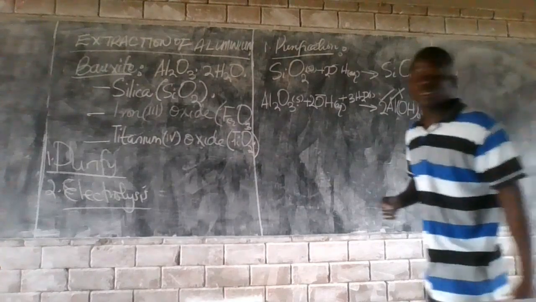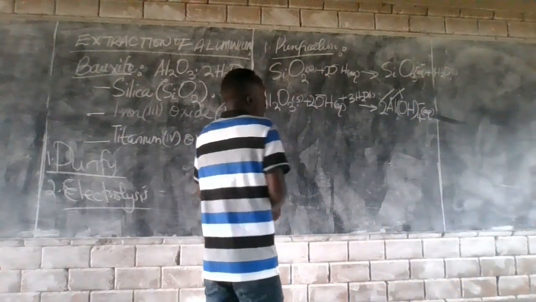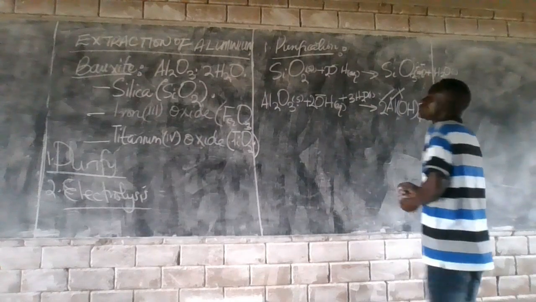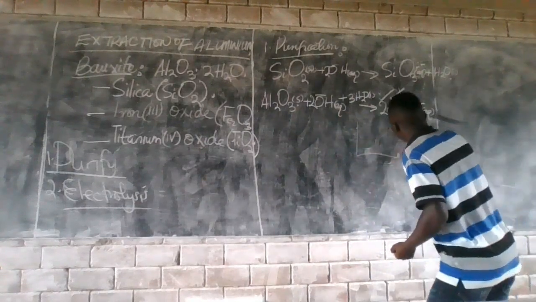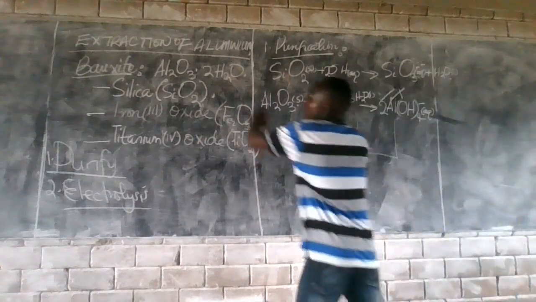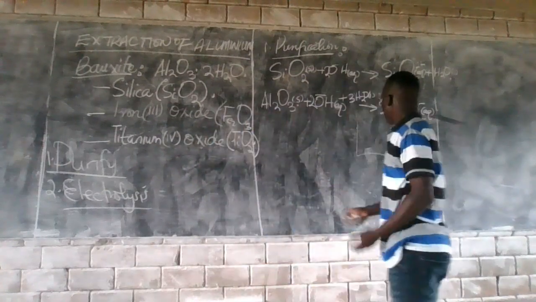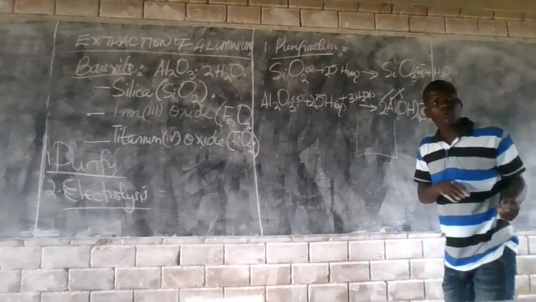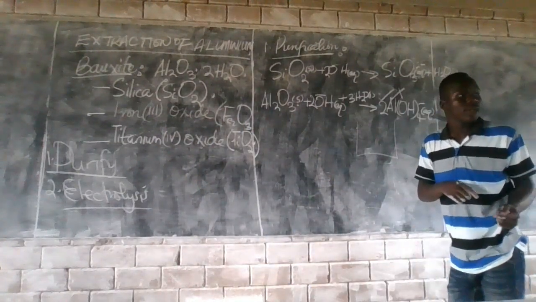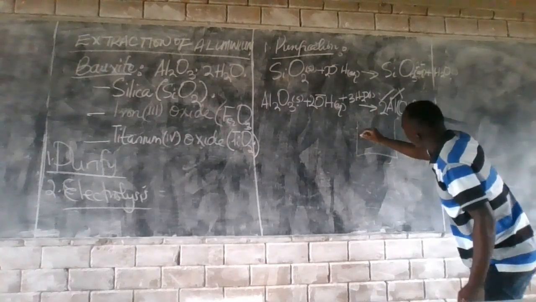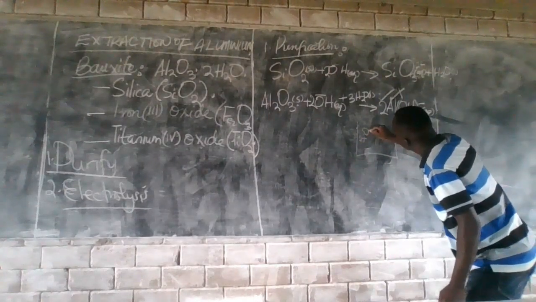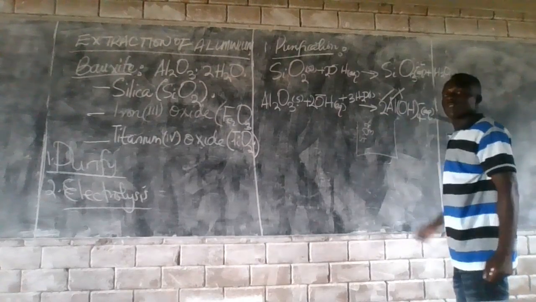When we go for filtration, actually in the solution, if this is the whole with its impurities, okay? In this, we have dissolved it in concentrated sodium hydroxide, okay? Here now, we are going to have silicate ion, okay?